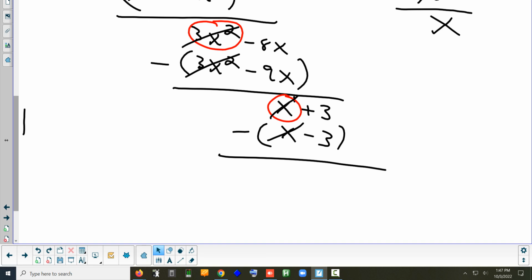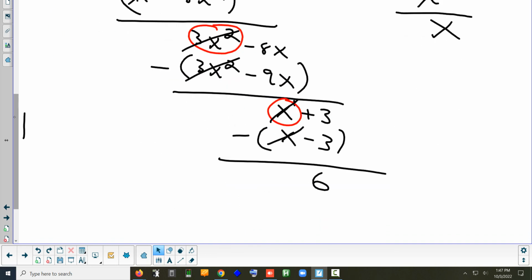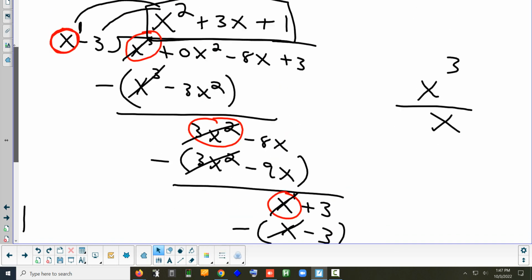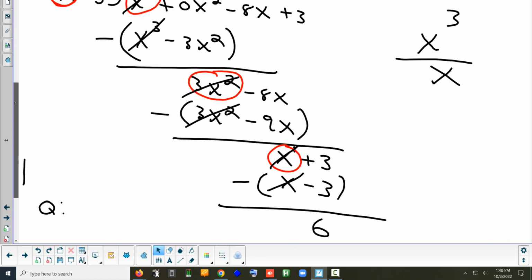And what's 3 minus negative 3? That'd be 6. And what do you think the 6 is? That's my remainder. So in this problem, the quotient is x squared plus 3x plus 1.